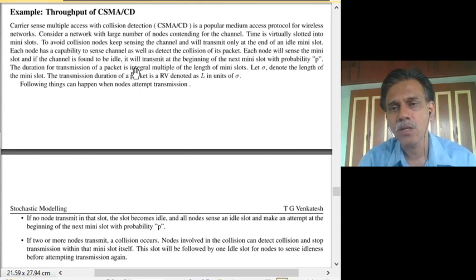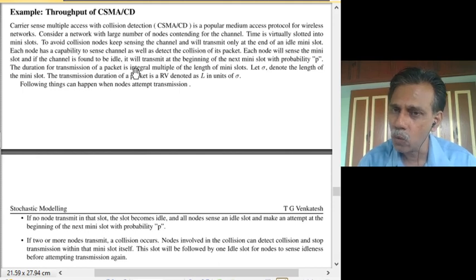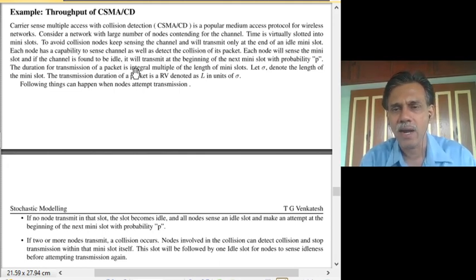When a transmission is going on, there is no point in the node starting a new transmission, because it is going to be a collision for this node, and it will not only not do anything useful for it, it will also spoil others' ongoing transmission. So every node can sense the channel, and if the channel is busy, it will not attempt any transmission. It will attempt a transmission only when the channel is idle. So that solves a lot of problems.